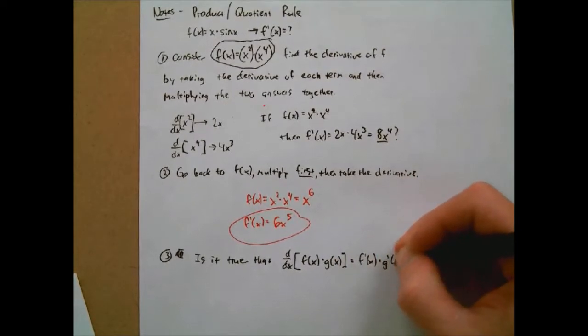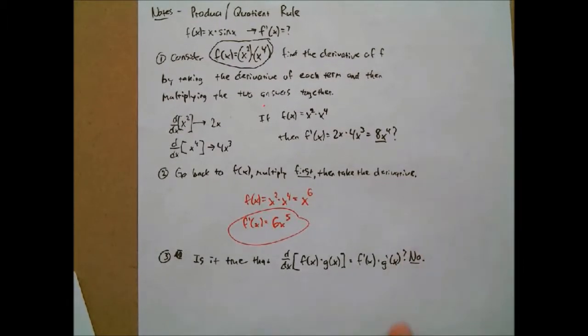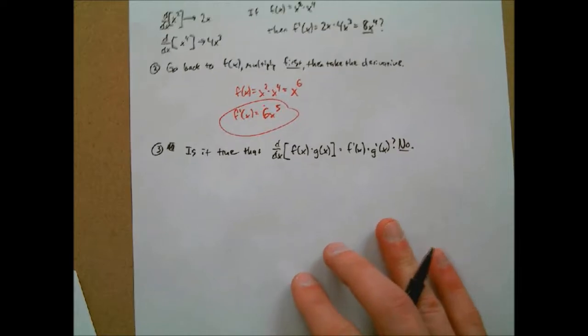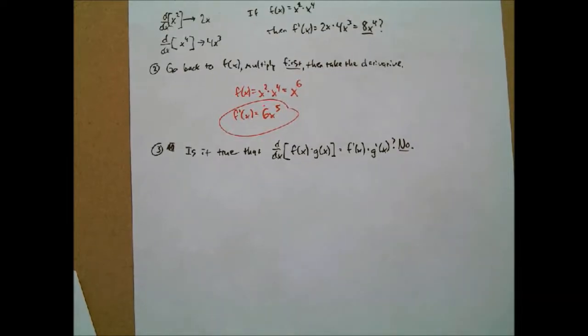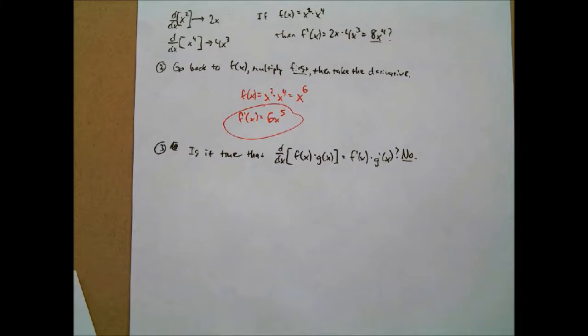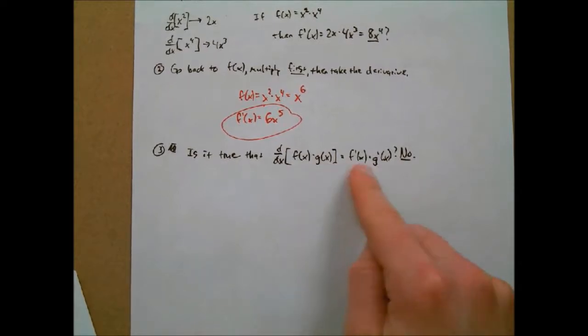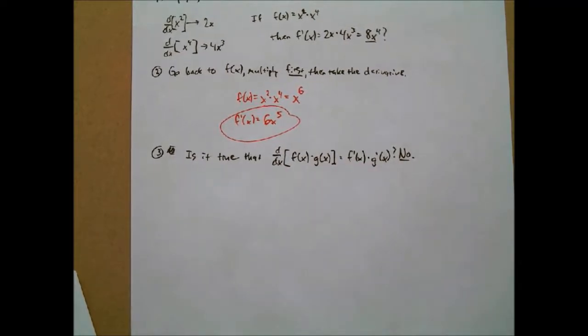And the answer we just concluded there is no. You're saying, exactly, it's times. Yeah, so we're multiplying, we add exponents there. So this is not true in general. It might be true in some special cases, but it's not true in general.